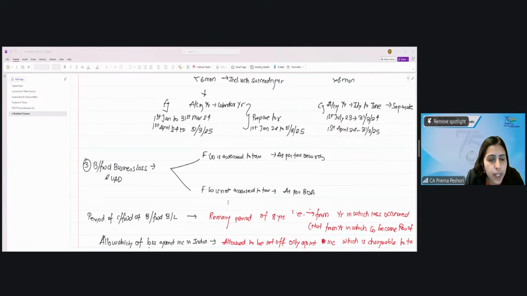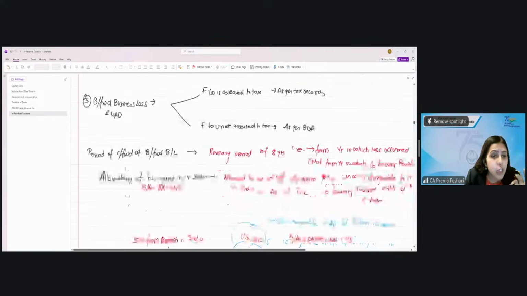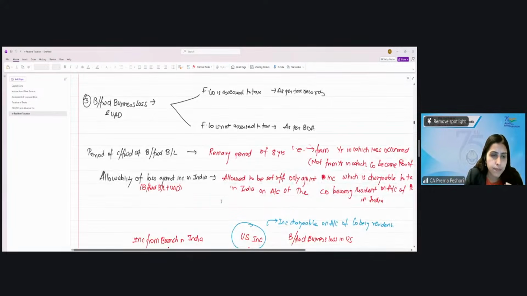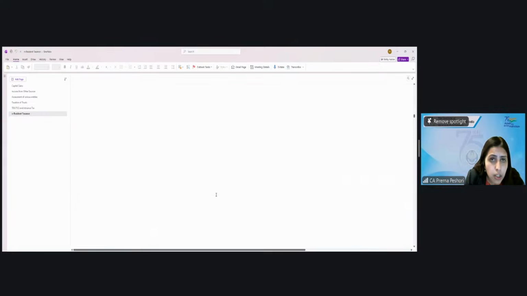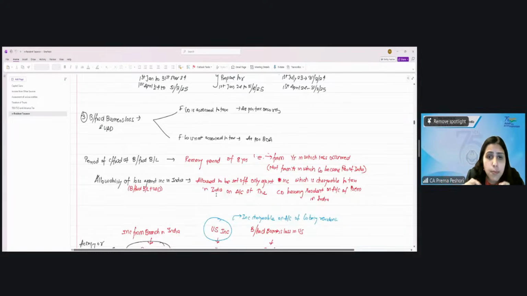So whatever remaining period is there, only for that period the brought forward losses will be allowed. Secondly, the set off of the brought forward loss and the UAD of that particular country will only be allowed to be set off against the income which is now chargeable to tax in India on account of the company becoming a resident of India.